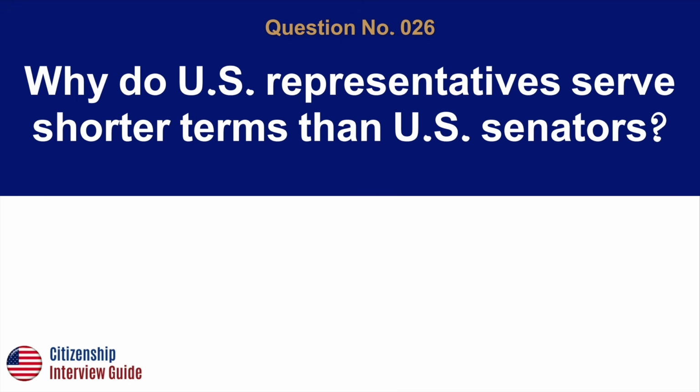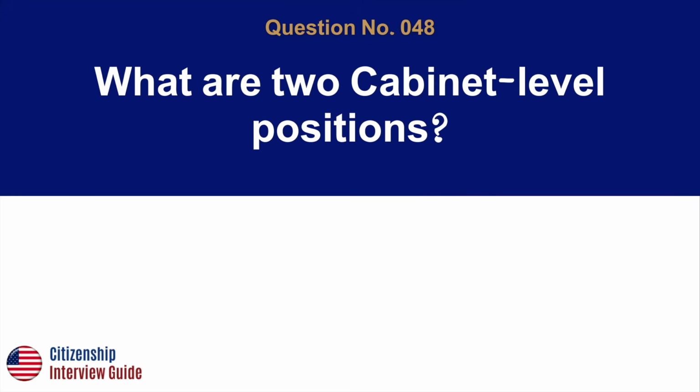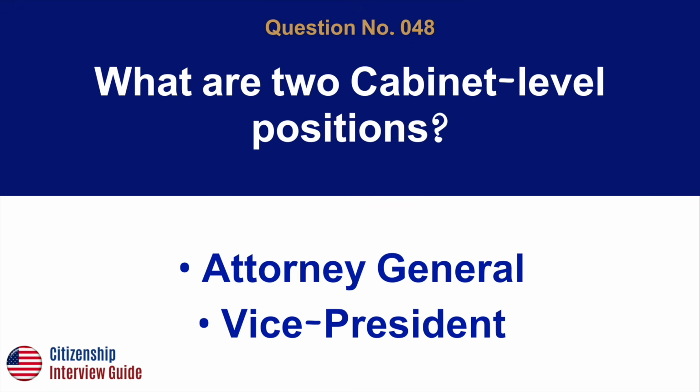Why do U.S. representatives serve shorter terms than U.S. senators? To follow public opinion more closely. What are two cabinet-level positions? Attorney General, Vice President.